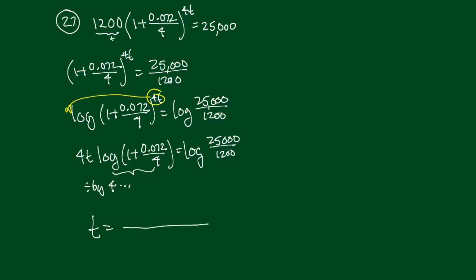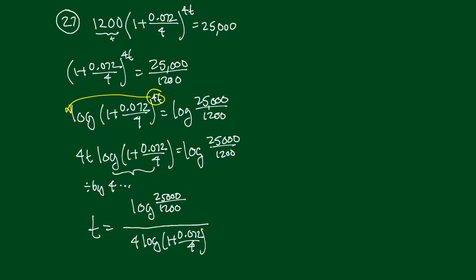So it's going to be that log of 25,000 over 1200 divided by 4, and then the log of that 1 plus 0.072 over 4. There is the exact value right there.